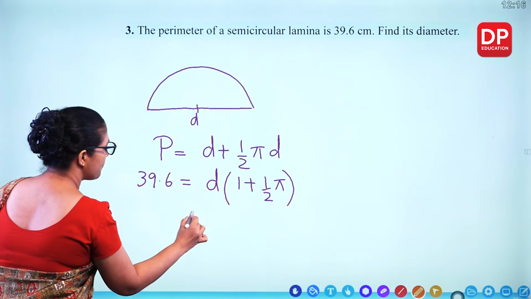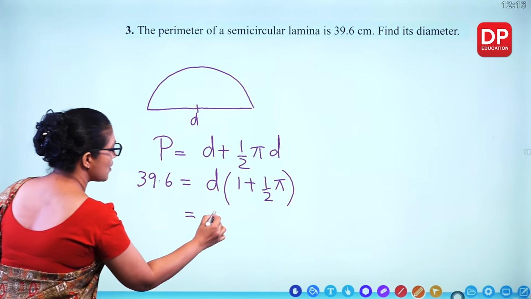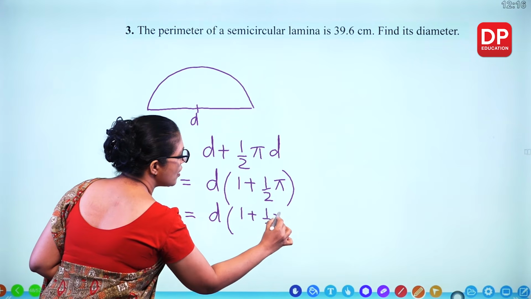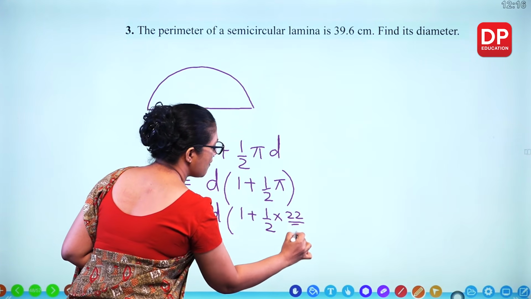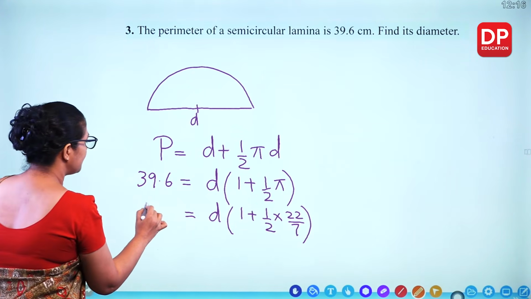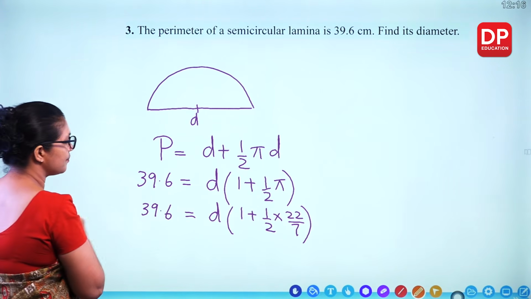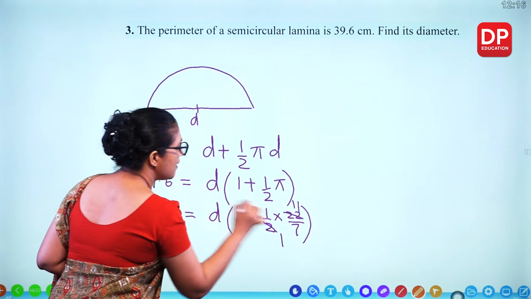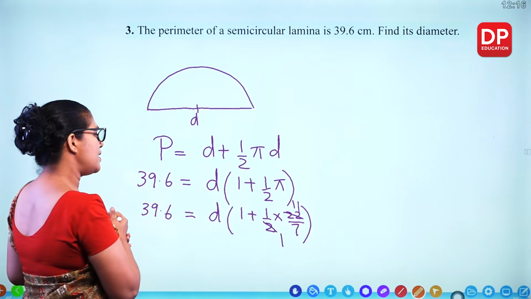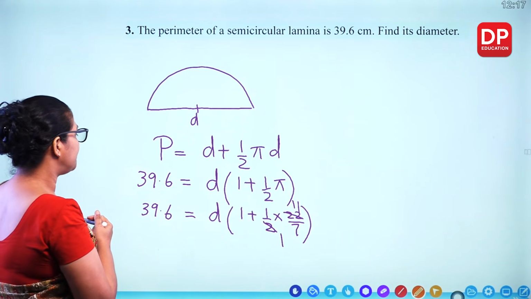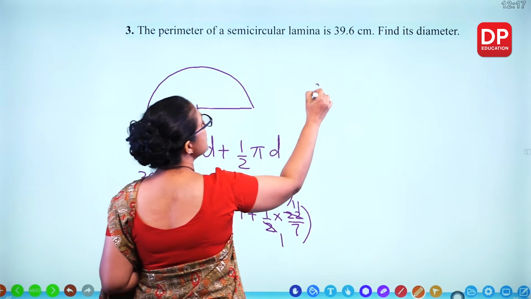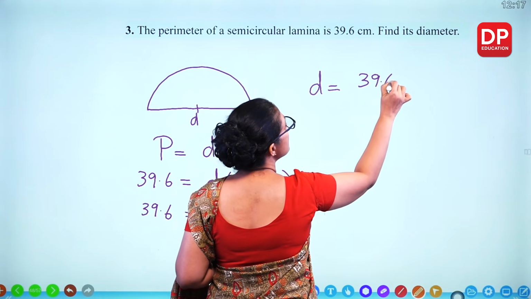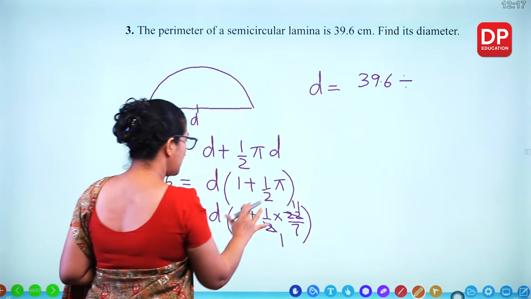So, what's d? You can take this one. So, first we'll find out this value. Half of 22 over 7. Here, 2 times 1, 11. So, 1 plus 11 over 7. So, what's d? d equals 39.6 divided by this value.